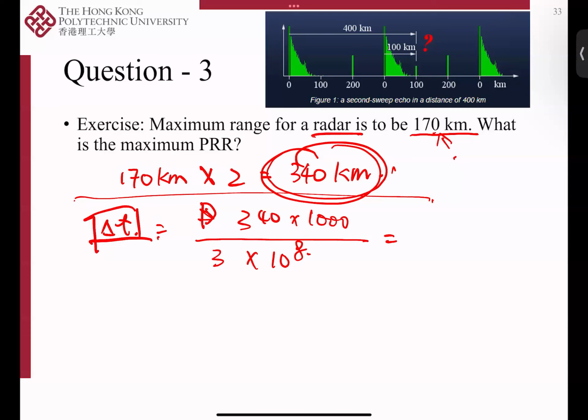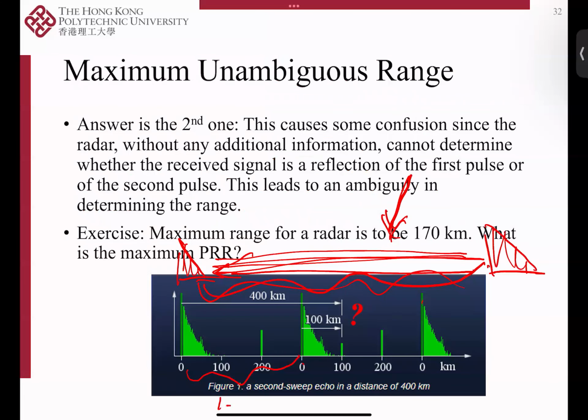If you use a calculator, you get 1.133, and this is in milliseconds. So you only have 1.133 milliseconds to receive the signal in this gap, which means the gap needs to be 1.133 milliseconds.